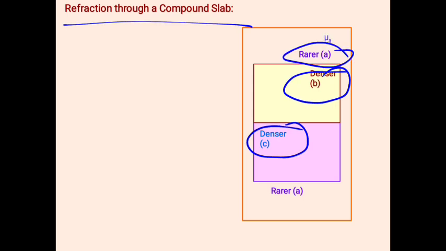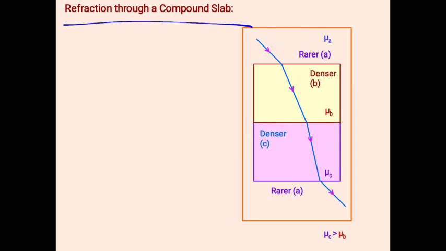When a ray passes from the rarer medium to the denser medium, it bends. And when it passes from a denser medium to another denser medium, it also bends and emerges out.